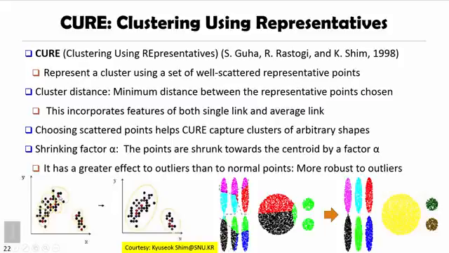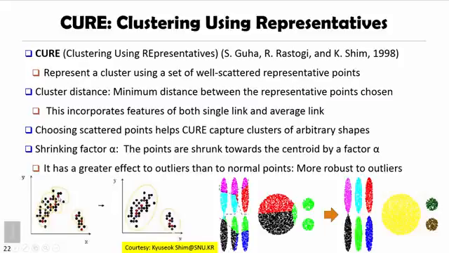You can consider these representative points of this group. Then the distance between the clusters is the minimum distance between the representative points. This actually incorporates the ideas of both single link and average link.